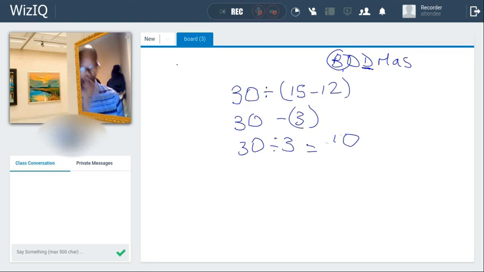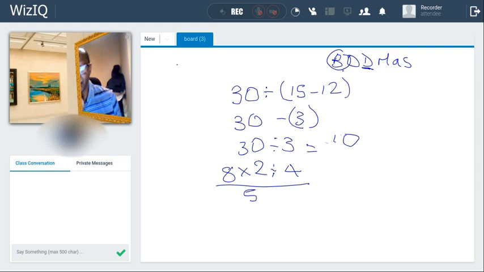I did the exercises and I got all of them right except one of them. We covered it last time, but I'd like to do it again. It's F. So it's 8 times 2 divided by 4, and all of this is over 5 minus 6 plus 7.